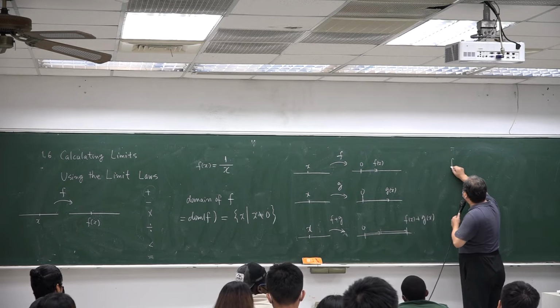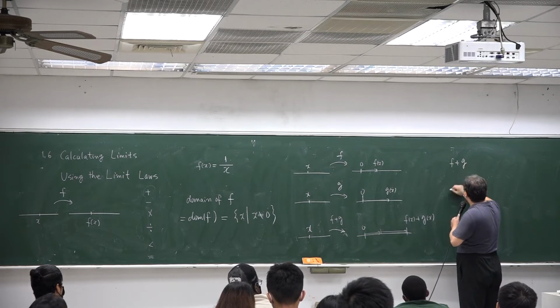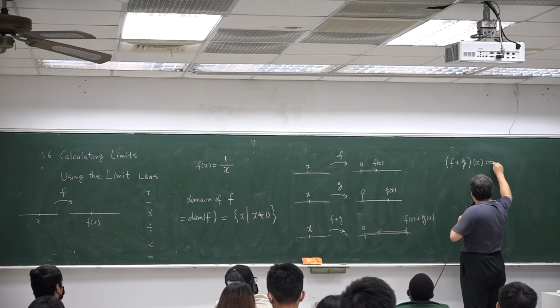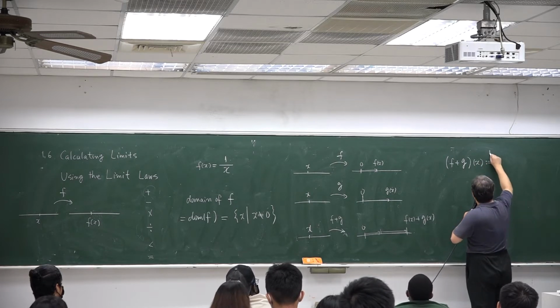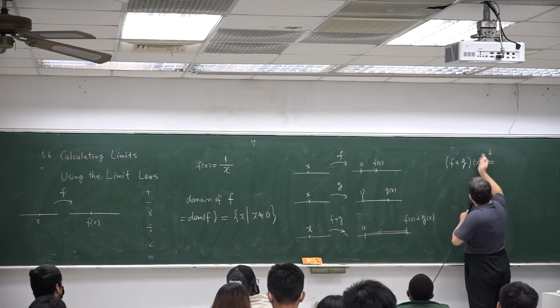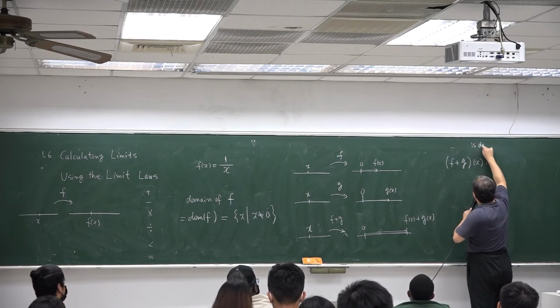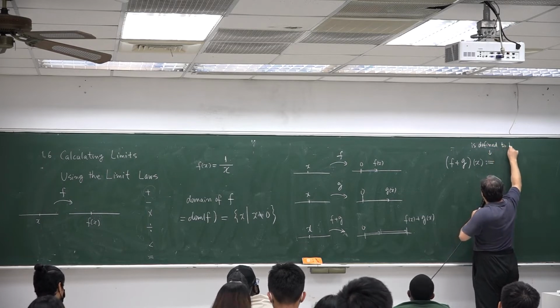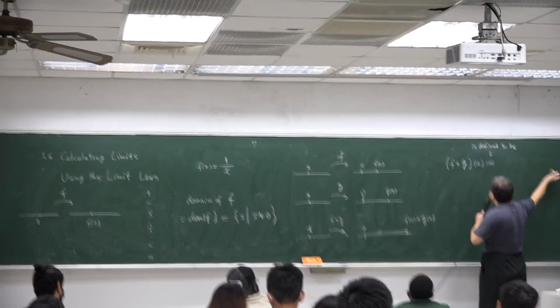So we may define the sum of two functions f plus g to be, yes, we use this notation to indicate the left-hand side is a new object defined in terms of the right-hand side.